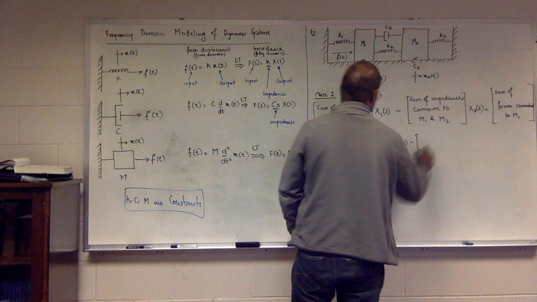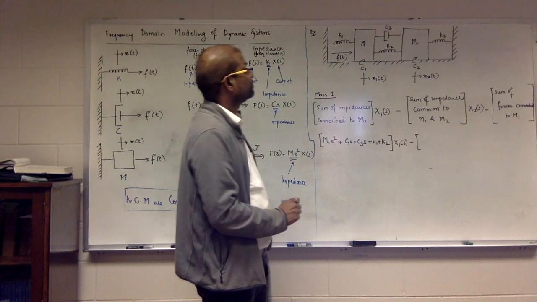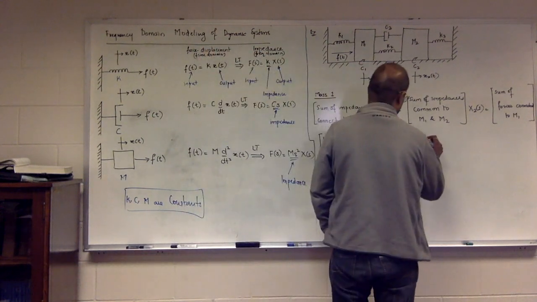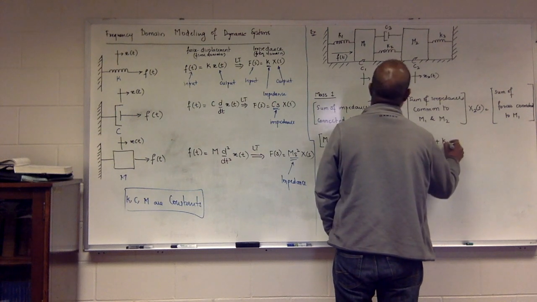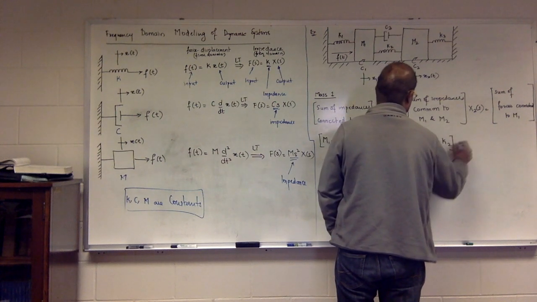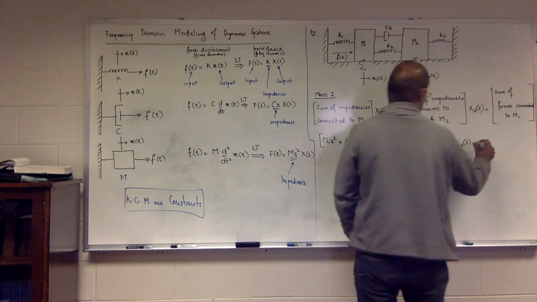Minus, what are common? Common is C3s plus K2, equal to f of s.